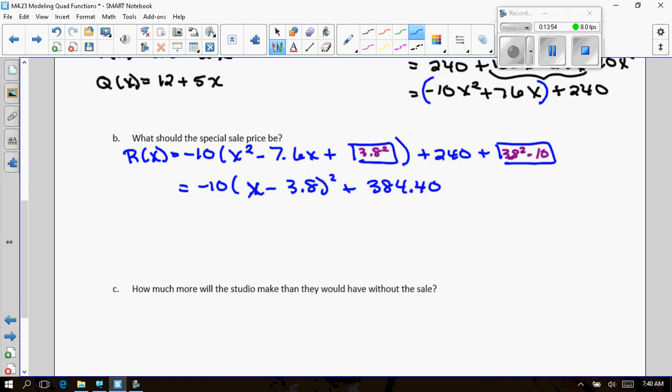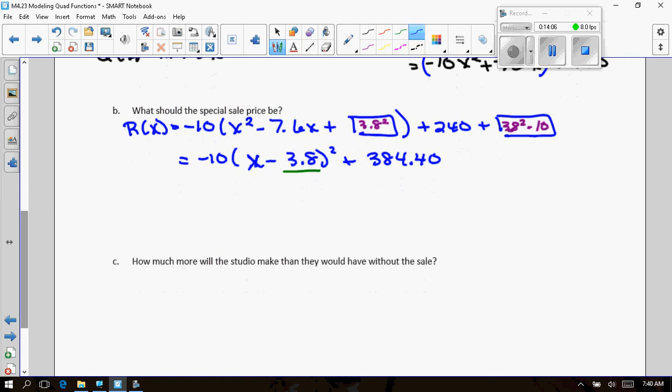All right, so what kind of increments should I have? I am not going to increase this $3.80 every time. That's kind of a weird one. So I'm going to either increase this $3 or $4. $3 or $4 increments. Okay, so let's put 3 into our equation and see what we get.